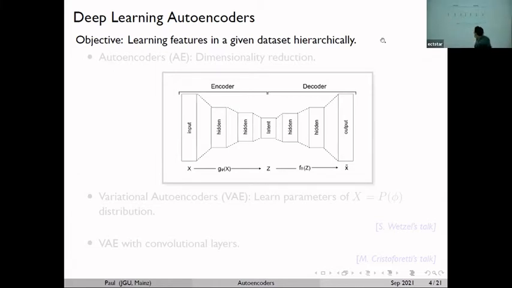And at the end of the day, what we try to do is minimize this distance, basically taking the difference between x and x tilde, and this whole operation should become identity.